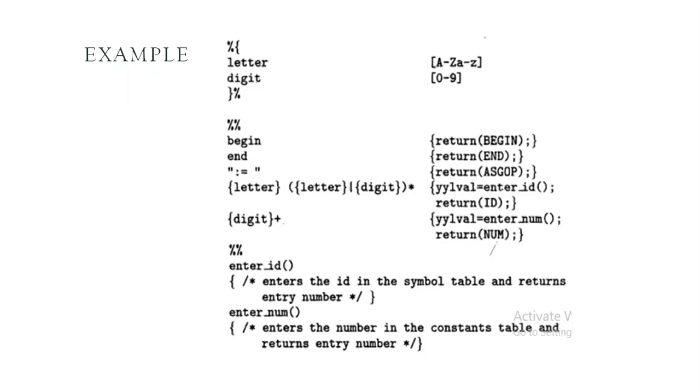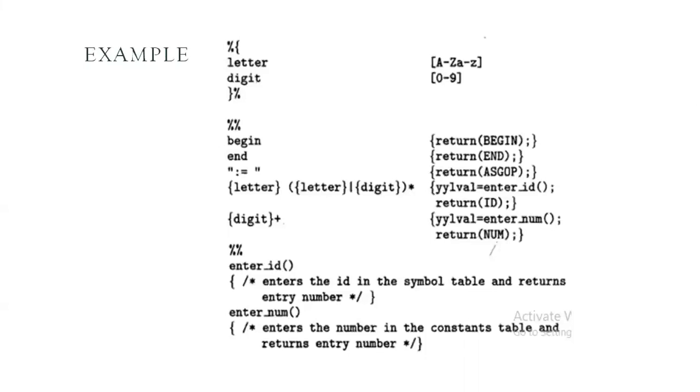If the string is begin, then what is to be done? If the string is end, then what is to be done? If the string is equal to, then what is to be done? If the string satisfies letter followed by another bracket, letter or digit star, then what is to be done? If the string satisfies digit plus, then what? These are some translation rules which are doing some task.